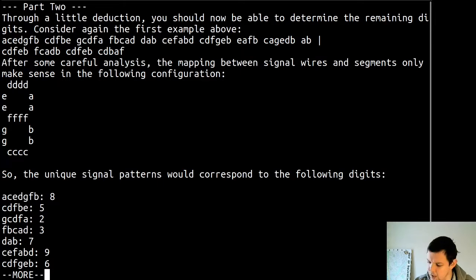And when we see an input like DAB, we know DAB means 7, so every segment that isn't part of 7 can't possibly be A, B or D. And then once we've got to the pipe symbol, hopefully we'll know for every letter which there should only be one segment it can be. And if we have one left over, then that must be the remaining segment.